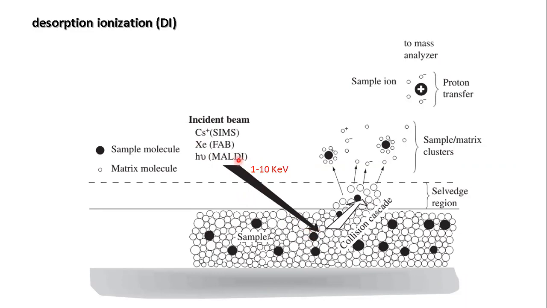In this case, you see the energy here is 1 to 10 kiloelectron volts, and that is striking. Obviously, your molecules are very few, so the most probable option is that the strike will happen on the matrix.